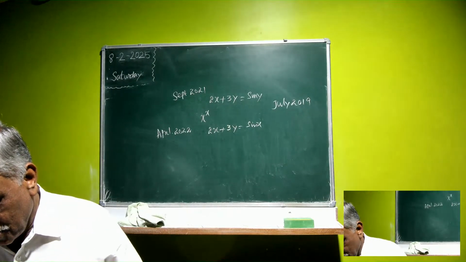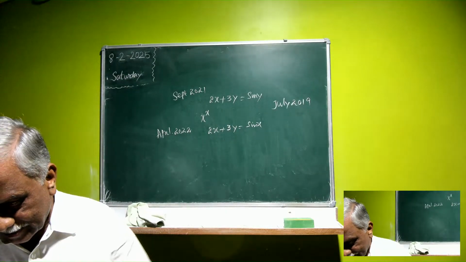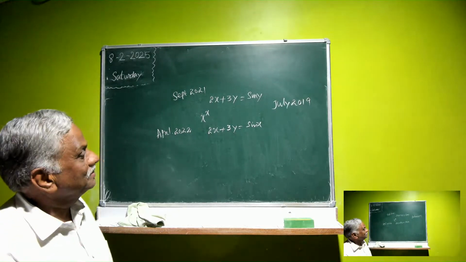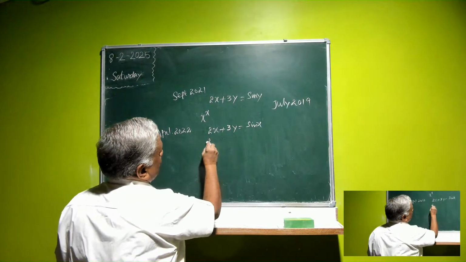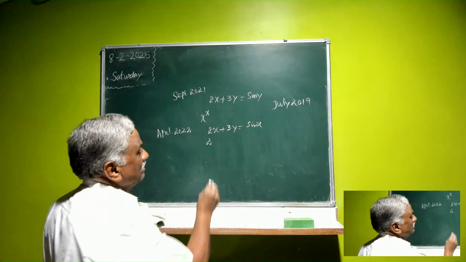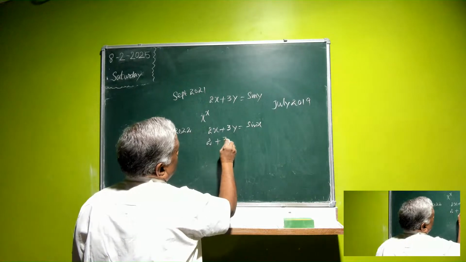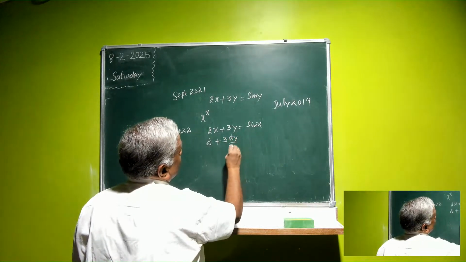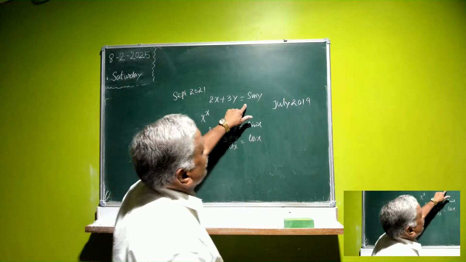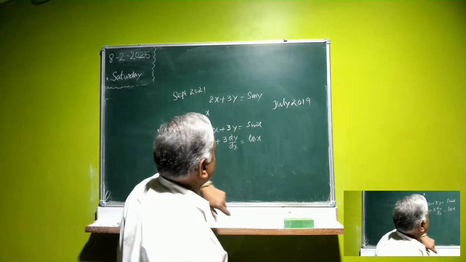That is 2x plus 3y is equal to sin x. So 2 is a constant, derivative of x is 1, 3 is a constant, derivative of y is dy by dx, and sin x is just cos x. Whereas here it would have been cos y dy by dx.